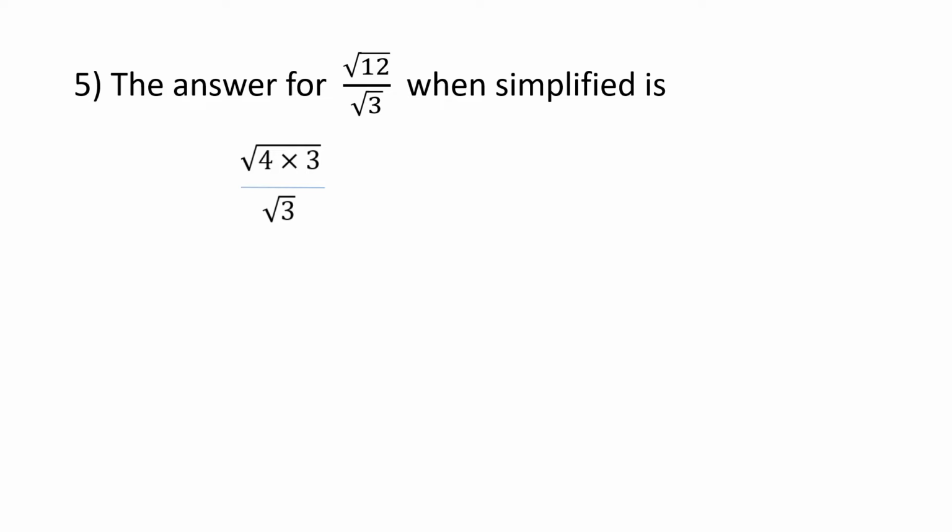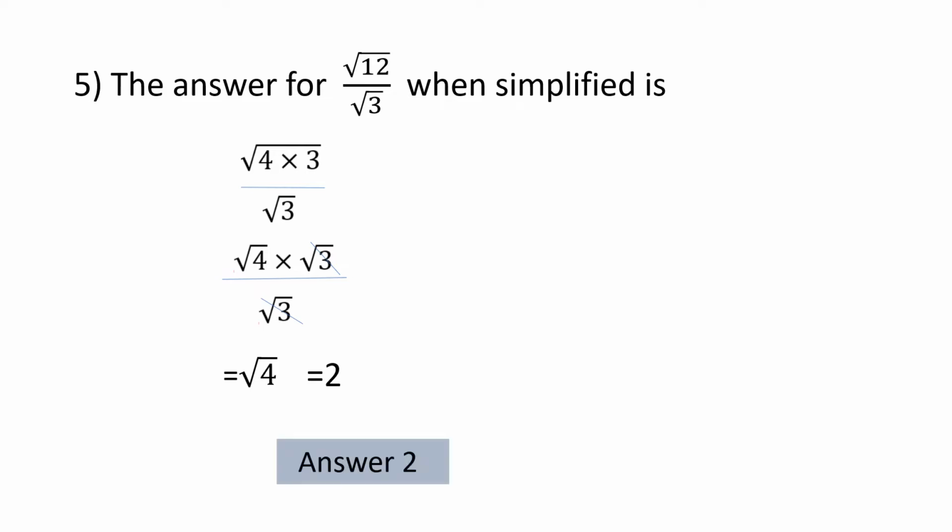The numerator can be separated into 2 and written as square root of 4 multiplied by square root of 3 divided by the denominator square root of 3. Now you have to simplify. Square root of 3 can be cancelled with square root of 3. The remaining is square root of 4, that is 2. The answer is 2. From the given answers, the answer number is answer 2.